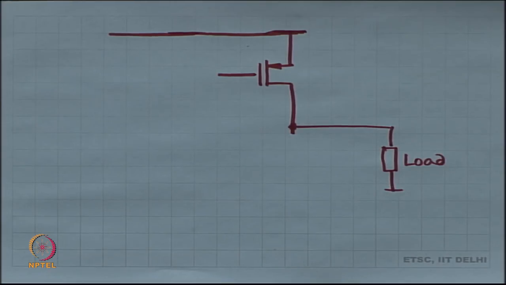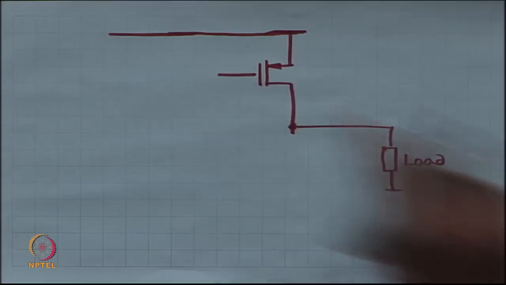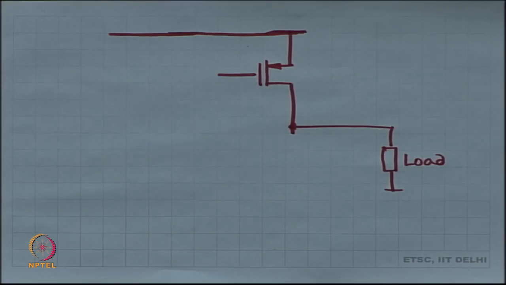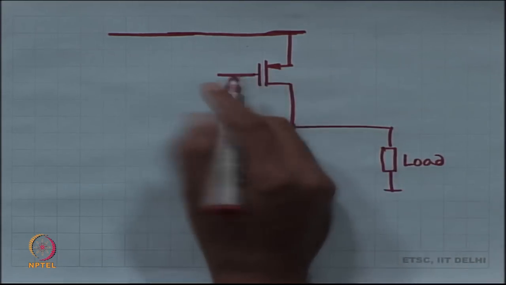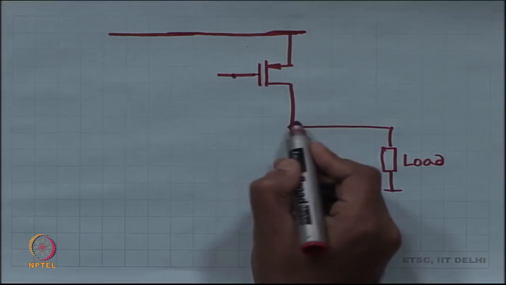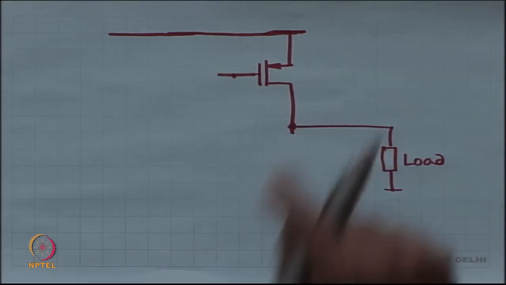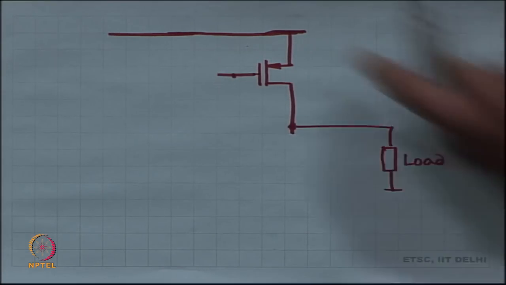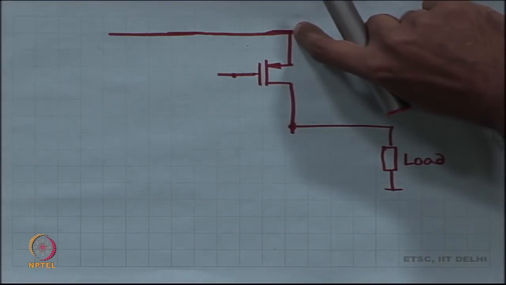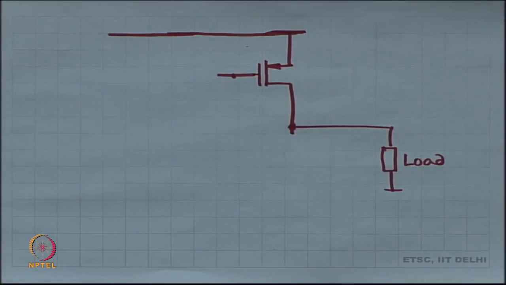Unfortunately, when you flip it around, this MOSFET starts working like a common source amplifier. If the input is at this terminal, and output is at this terminal, then it looks like a common source amplifier. If you think of the input over here, then it looks like a common gate amplifier.